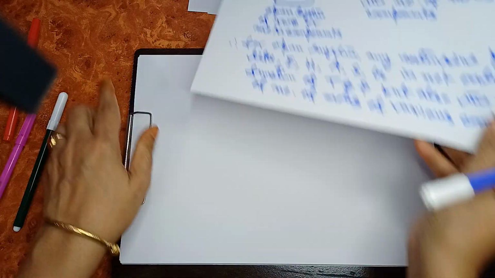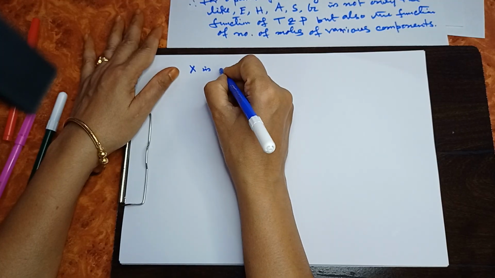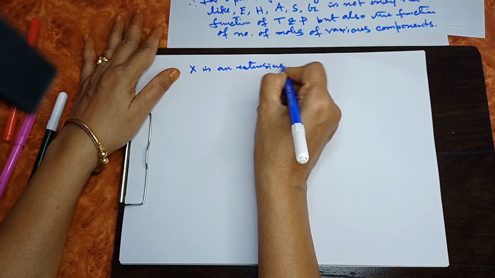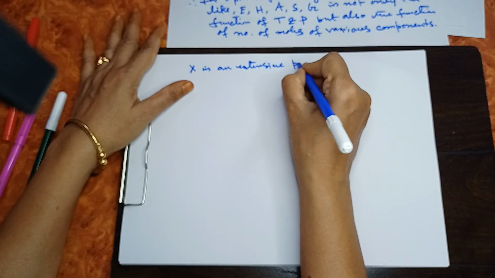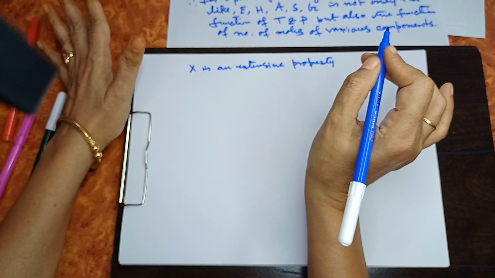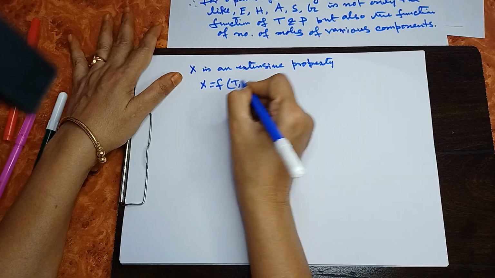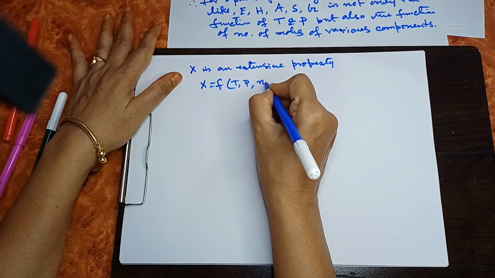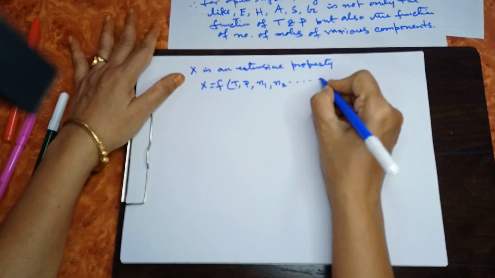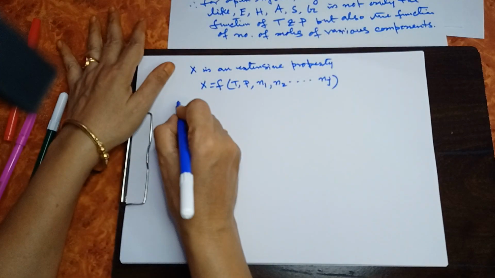Then what can I write? Suppose X is an extensive property of the system. Say X may be entropy, enthalpy, internal energy, anything. So X will be a function of temperature, pressure and number of moles of different components: component 1, component 2, like that up to component j.